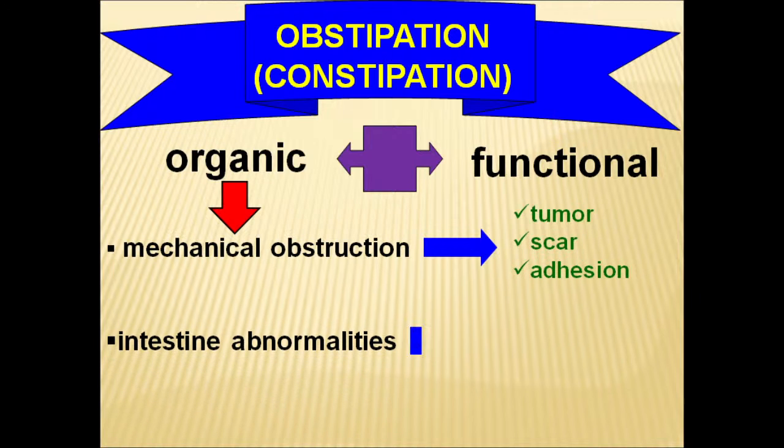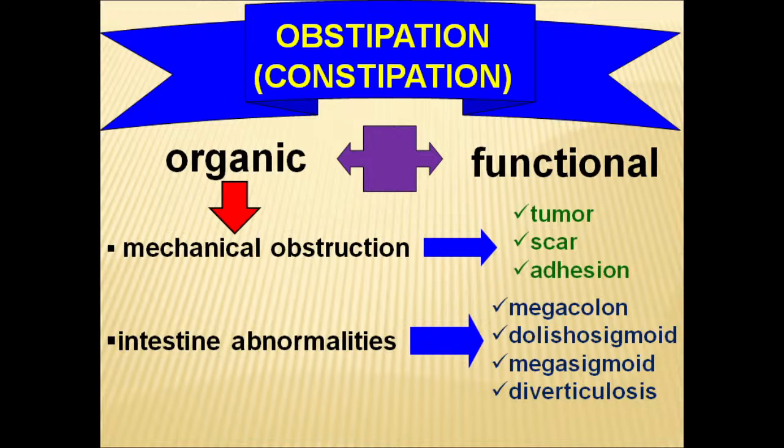Another mechanism of formation of organic constipation is intestinal abnormalities, when the length of the intestine enlarges and the time of passage of chyme along the large intestine prolongs. You understand? If the time prolongs, all water is maximally absorbed, and feces become hard and difficult to evacuate.